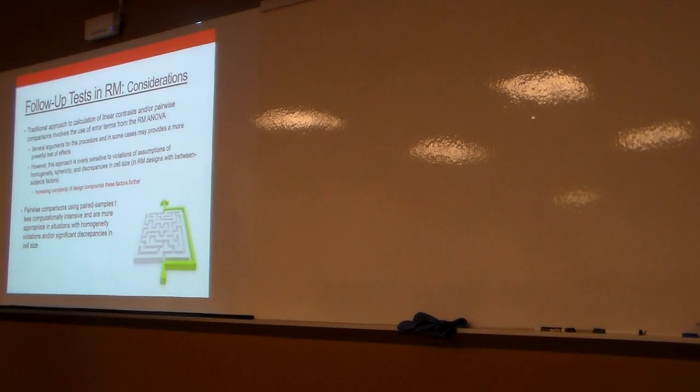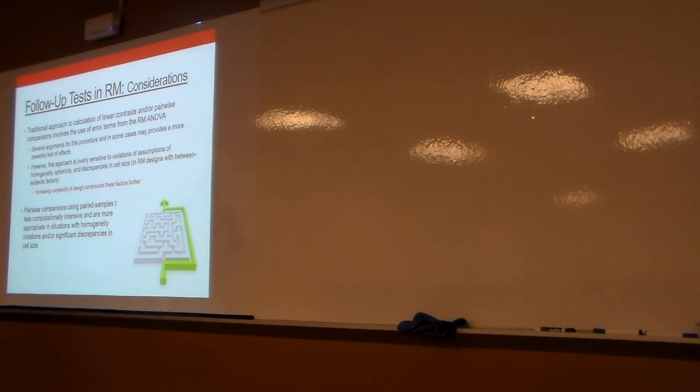So as we talked before, traditional approaches involve calculating contrasts and pairwise comparisons, pulling error terms from our repeated measures ANOVA table. Again, this is a more powerful test. It's a classic approach to how we would go about doing this stuff. But always remember that anytime we're pulling summary statistics out of the omnibus ANOVA table, we're assuming some very specific things about that design and these data.